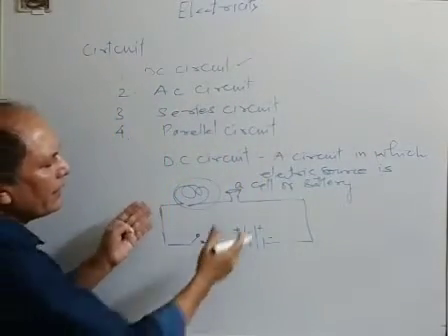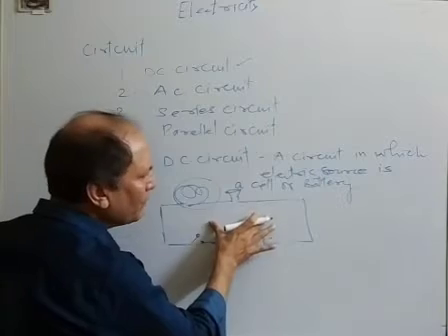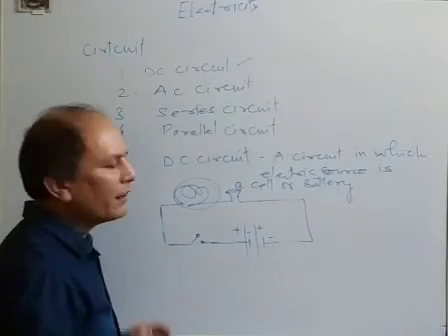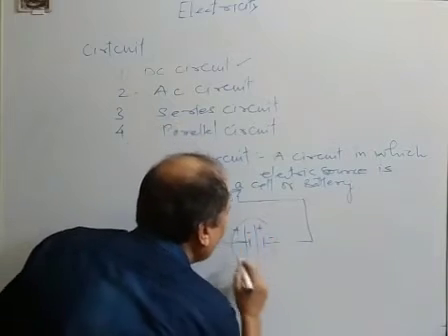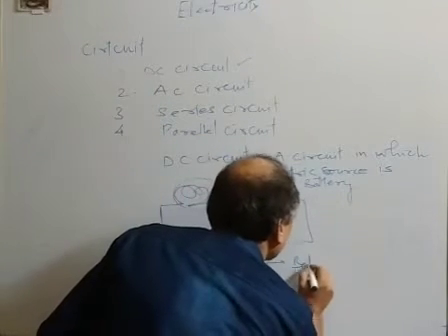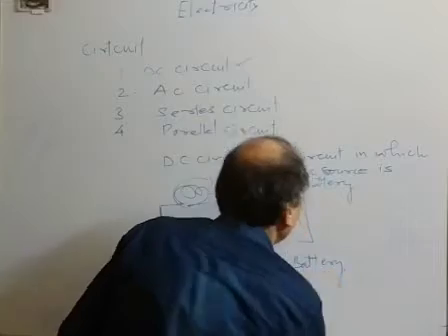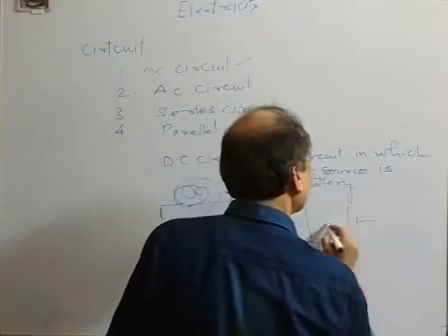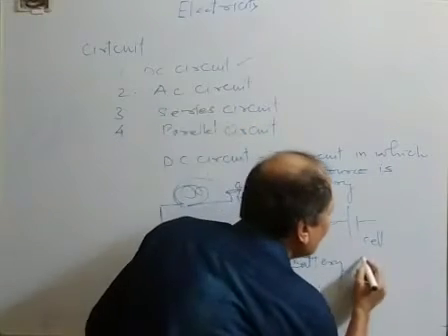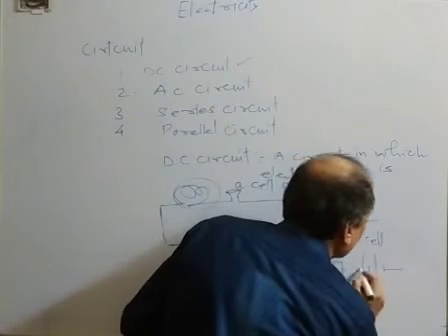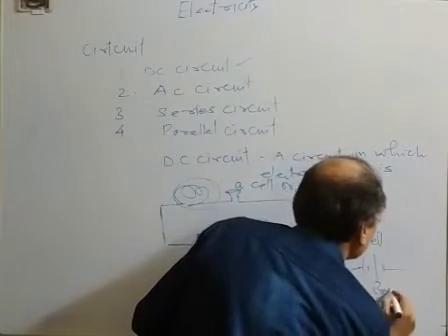So this is the symbol of DC circuit. Here this is the symbol of battery. It is the symbol of cell, but a group of cells is known as battery.